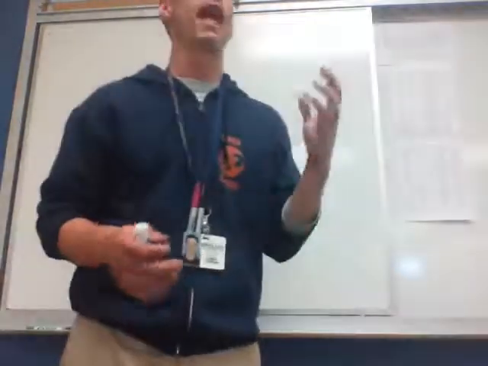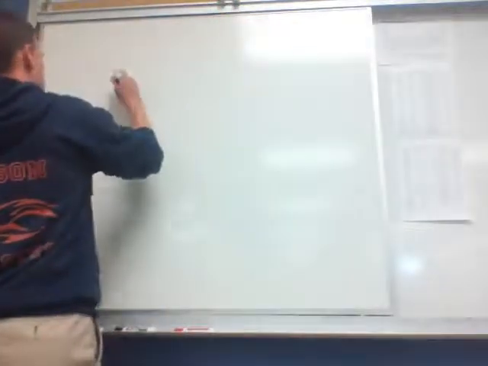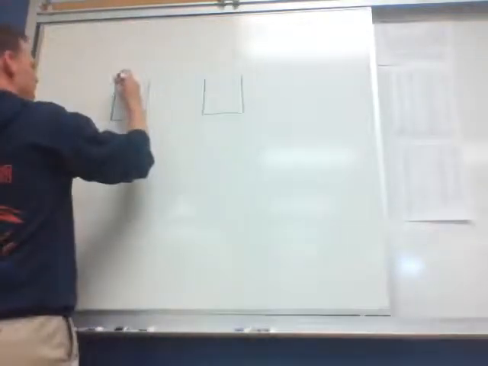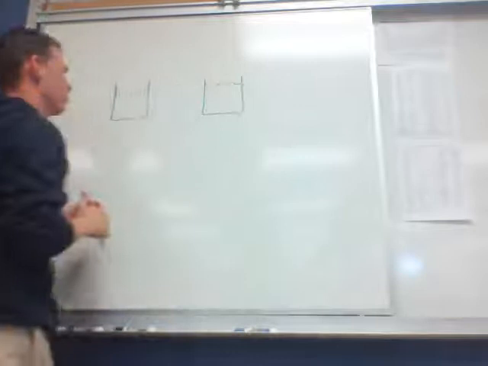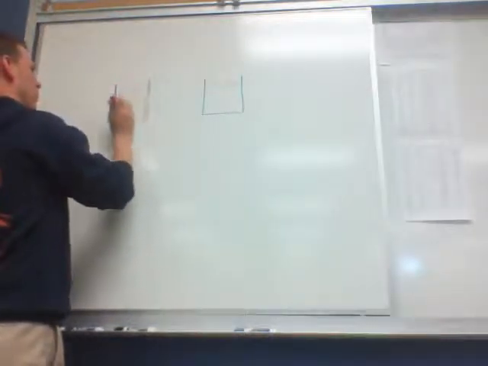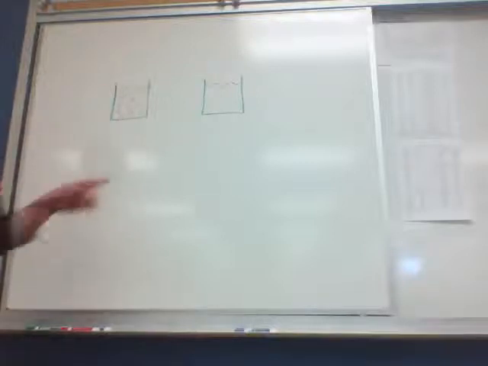So we've looked at a bunch of different ways to analyze solutions. For a quick little review, go ahead and write this down with me. We know that if I compare these two solutions together, with the dots being solute dissolved in solvent, what's a vocab word to describe this one?